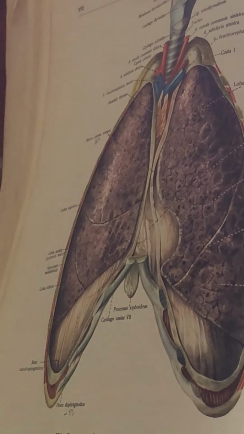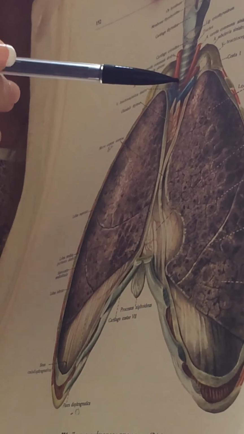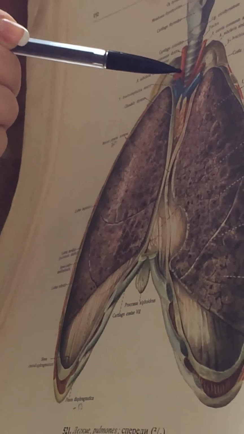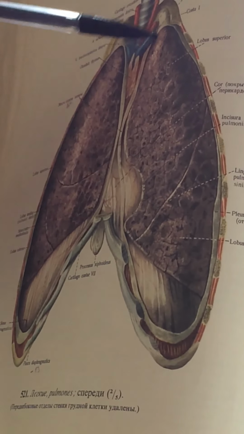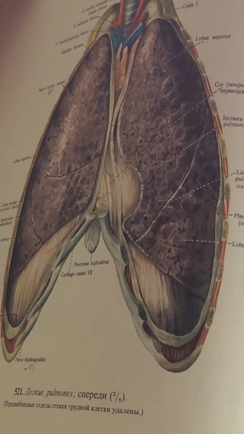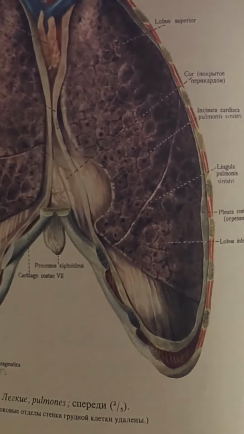Okay, let's repeat. Thymus gland, aortic arch with its branches, superior vena cava, and heart with pericardium and diaphragmatic nerves.